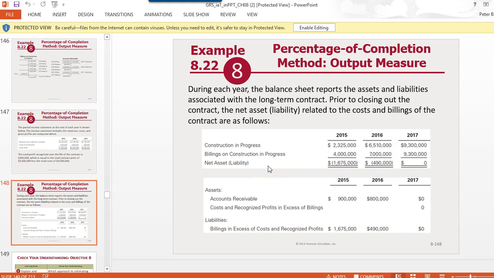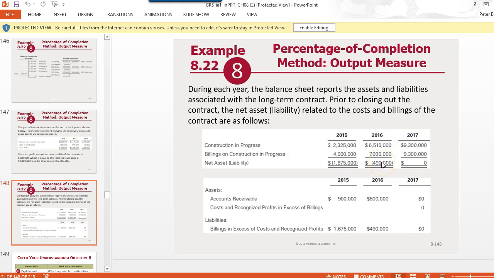To present it on the balance sheet, you're going to have your construction in progress and you're going to have your contra account, which is the billing on construction in progress. This CIP, which is the asset, is less than your billing on construction. Essentially, you have a net asset which is negative, which is a liability.